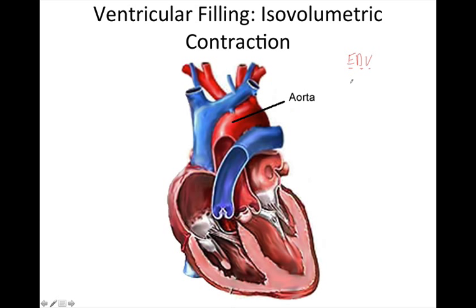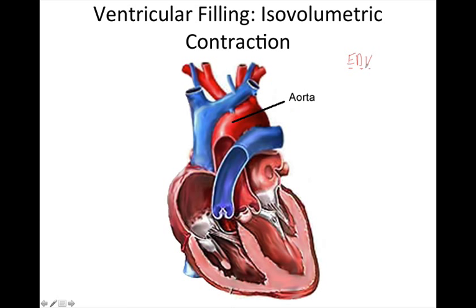So end diastolic volume. The ventricles are going to have a certain amount of blood within them. I'm going to change the pen color because I'm not going to use red on red here. Let's go with green.